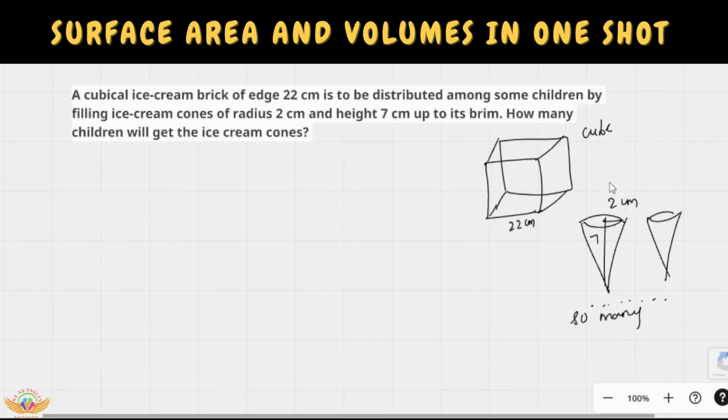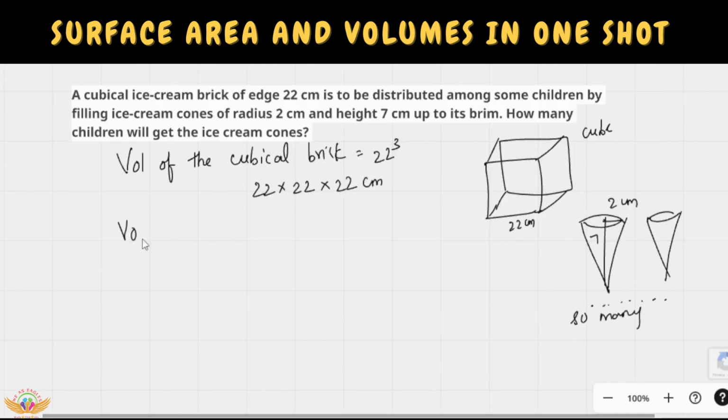That is the question. Okay, first of all, what is the volume of the cubical ice cream brick? That is equal to a cubed, right? So 22 cubed, that is 22 into 22 into 22 centimeters cubed, the volume of this entire cube. And now we know the volume of a cone.